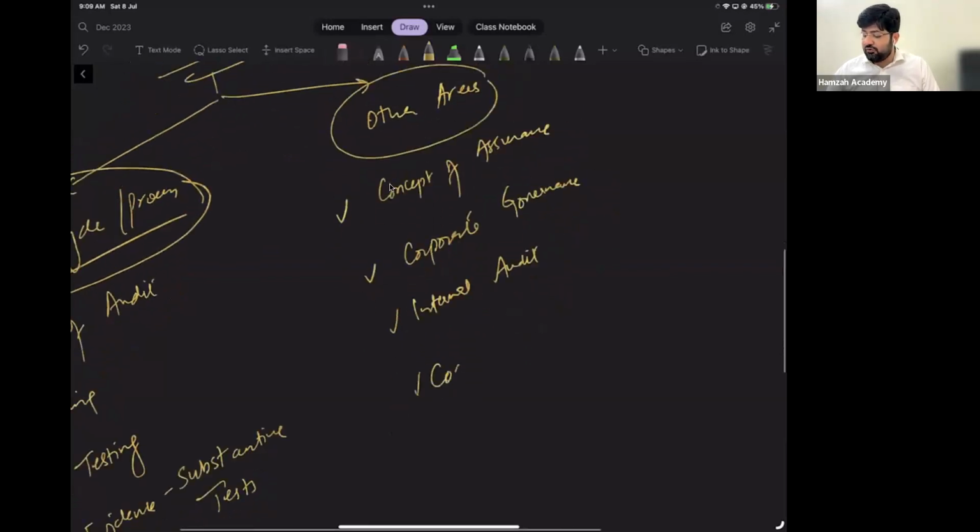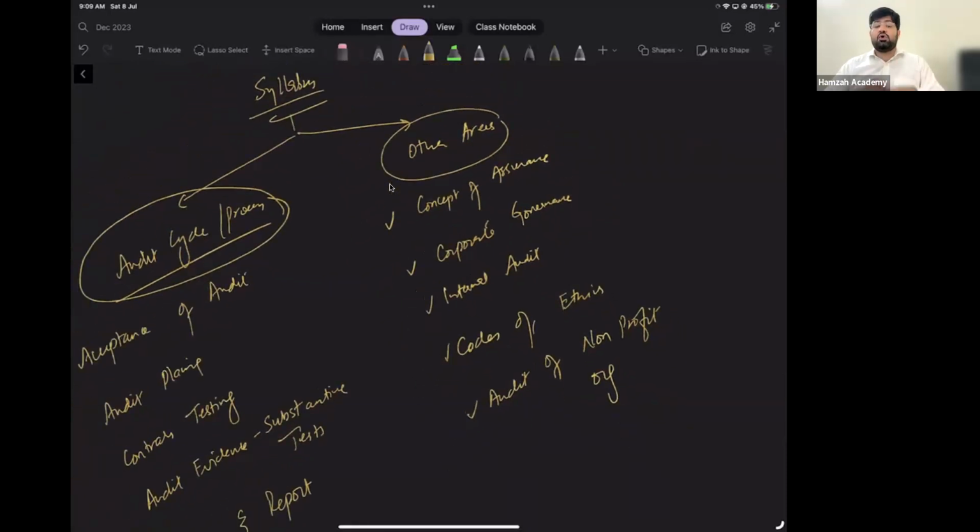Then codes of ethics. Yes, and one topic, that is audit of non-profit organizations. So this is the whole syllabus of audit and assurance, the whole syllabus.